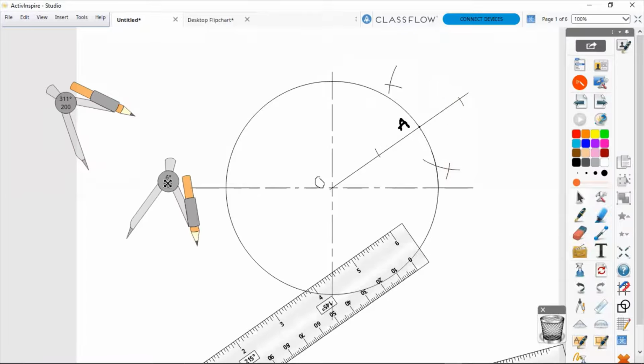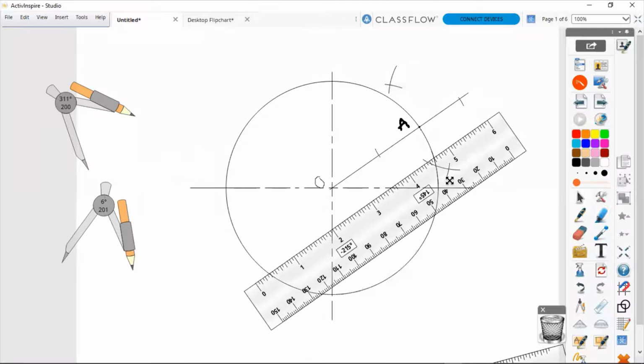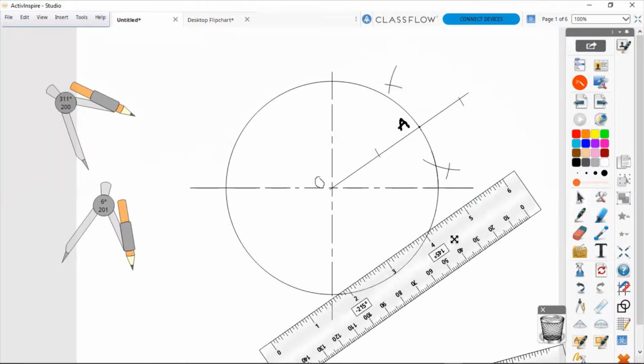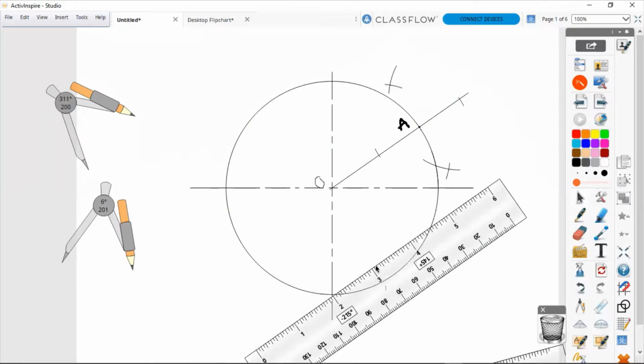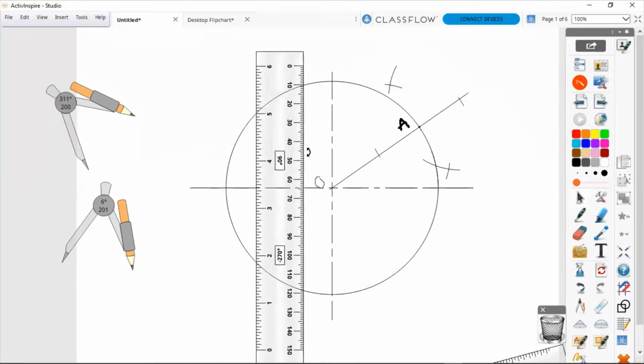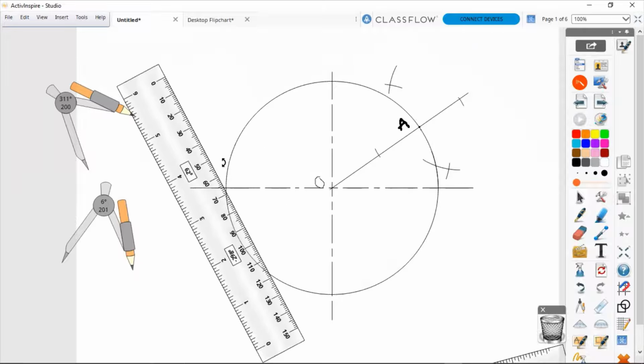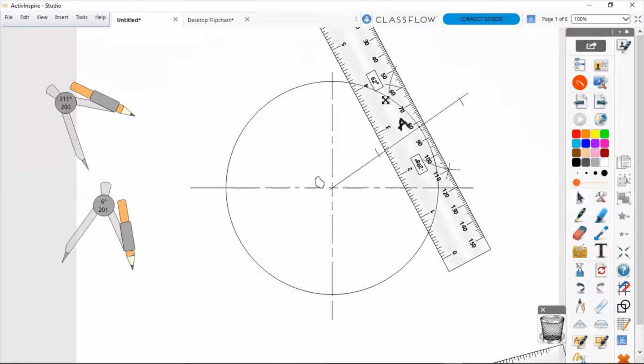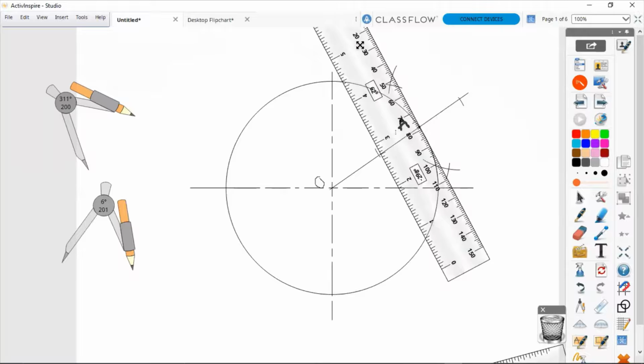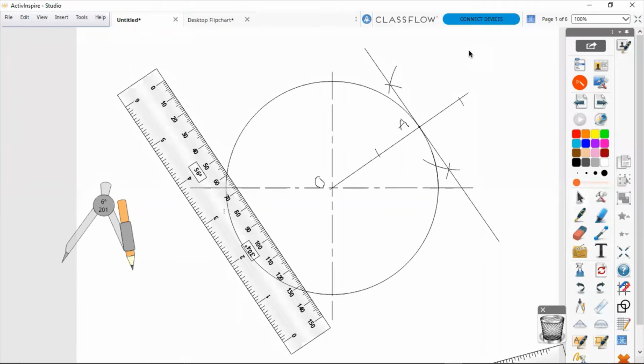Now I'm done with that. I'm going to position my rule to draw the bisector, so that I can draw the straight line through. So I have drawn my perpendicular bisector.